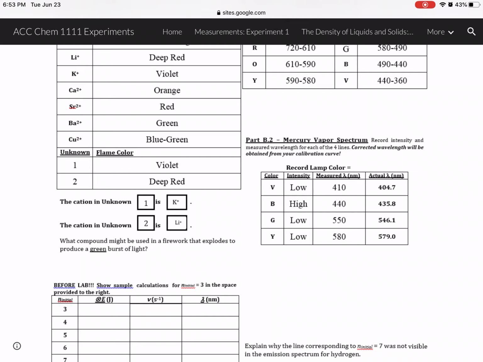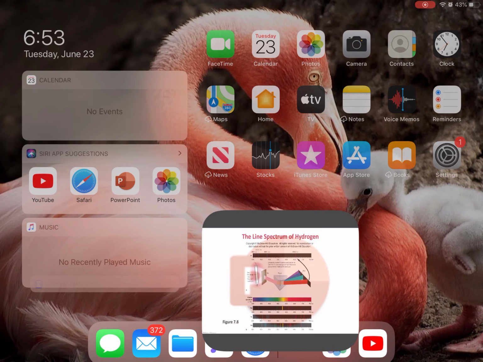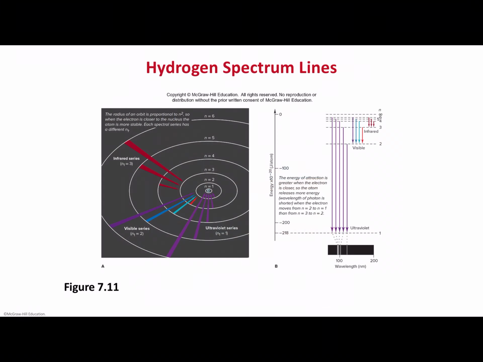See, the actual is 404.7, measured 410. So you're going to use measured wavelength versus actual wavelength from your Excel to draw a graph. I did that one for you just to show you how it looks. You can also draw it yourself.